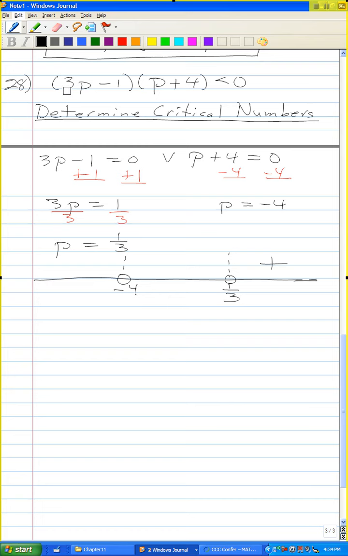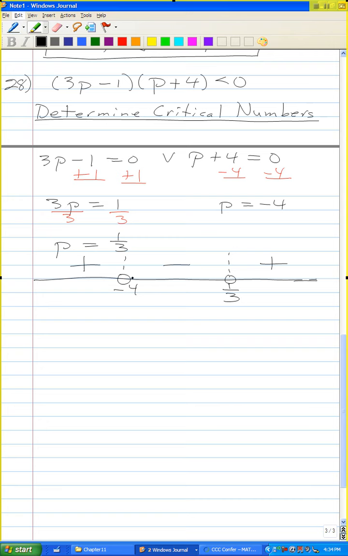And so at 0, 3p minus 1 is negative. P plus 4 is positive. Negative times positive is negative. Take a number less than negative 4, let's say negative 5. At negative 5, 3p minus 1 is negative. P plus 4 is negative. Negative times negative is positive.